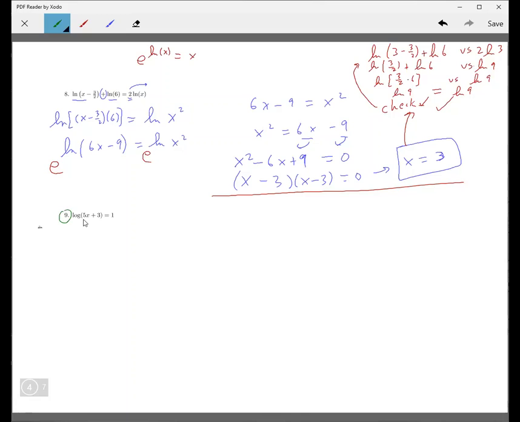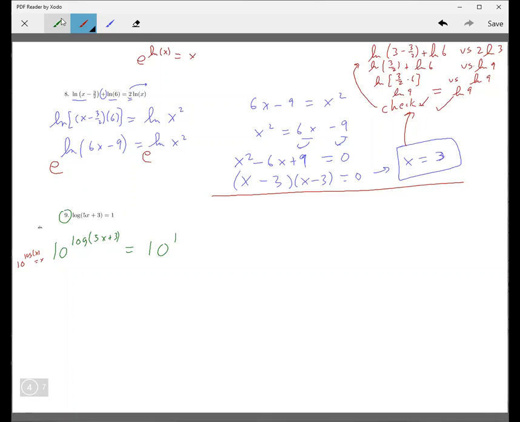Okay, let's do number 9. So this is log base 10. Now this is isolated, and that's isolated too. So if you take 10 and raise it to both sides, okay, so here's the left-hand side right there. Here's the right-hand side. It's 10 raised to each side. Then right here, we're using the property that 10 raised to the log of x is just x.